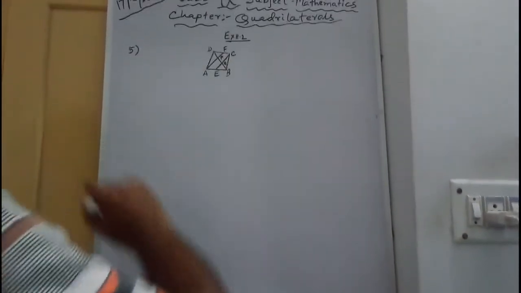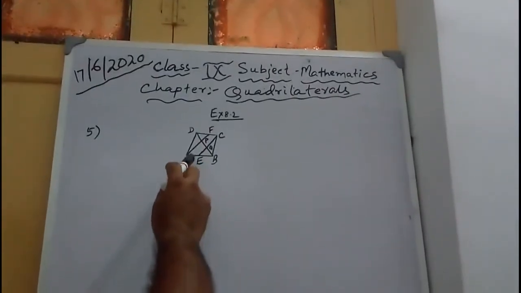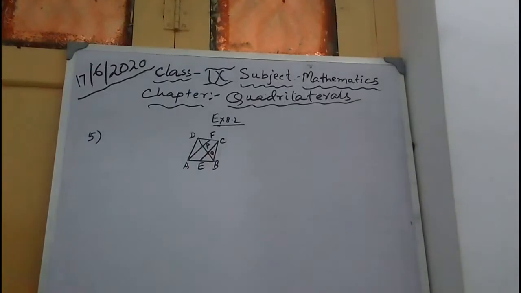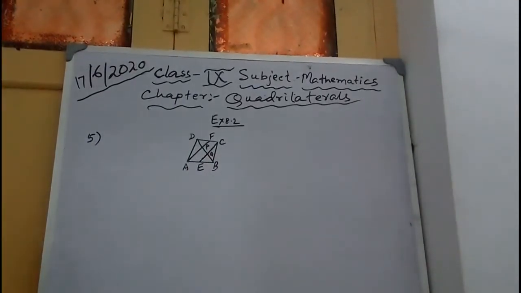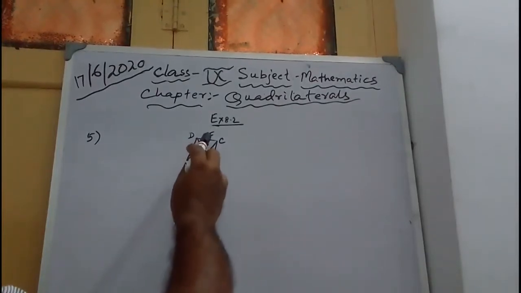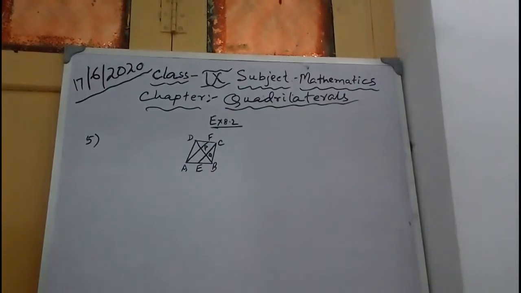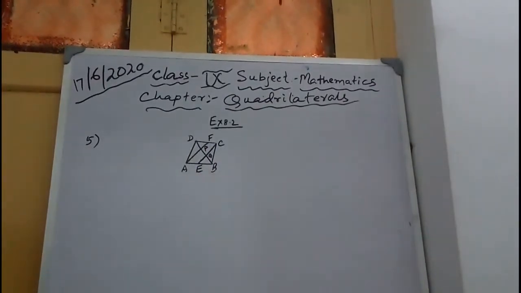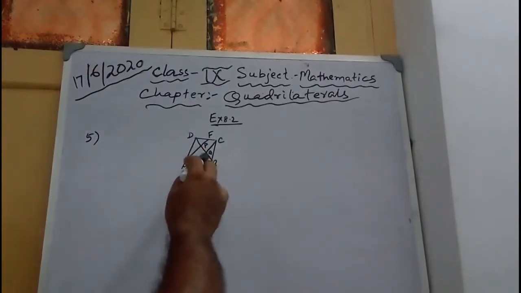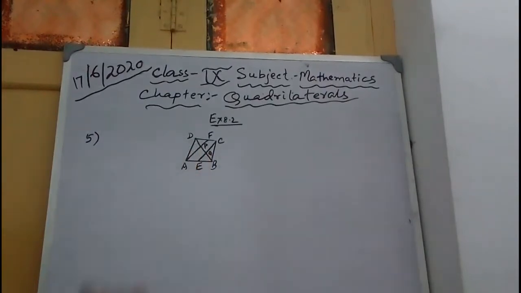This BD is intersected by AF and EC at P and Q. Now we have to prove that line segments AF and EC bisect BD. That means these two line segments divide BD into 3 equal parts.